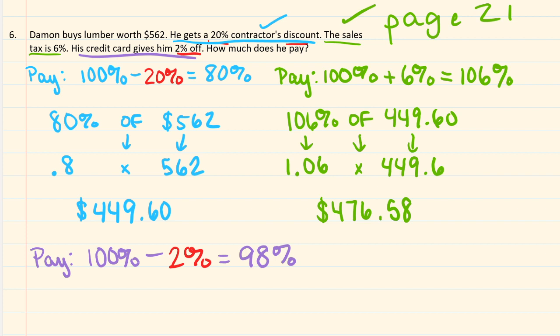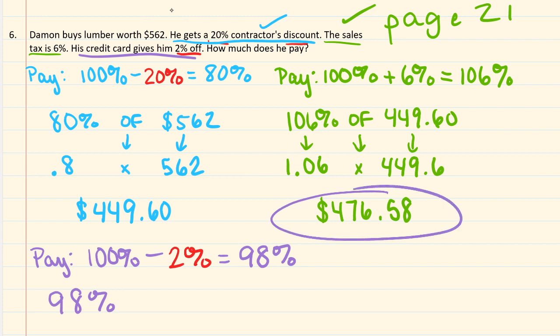So we need to figure out what is 98%. And we're not finding 98% of the original price. We're like way beyond that now. We're not even talking about the discounted price. We're talking about the last thing we found. He gets 2% off of the last thing that we found. So 98% of the number that I circled.